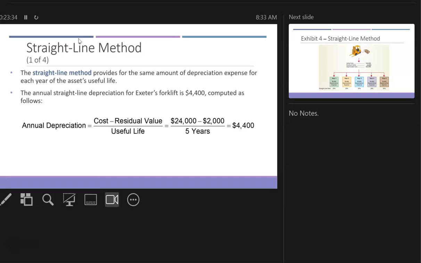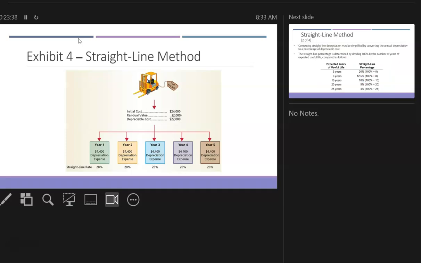We're just going to depreciate $4,400 every single year with straight line depreciation. Year 1, we take 20% of the depreciable cost. Year 2, year 3, year 4, year 5. Easy. Straight line depreciation. Same amount every year.